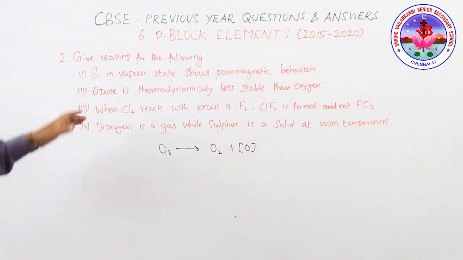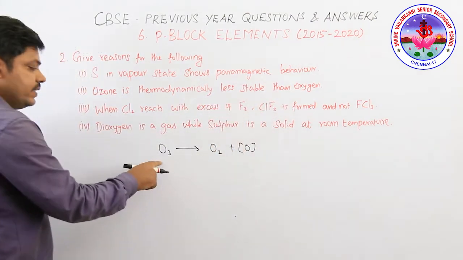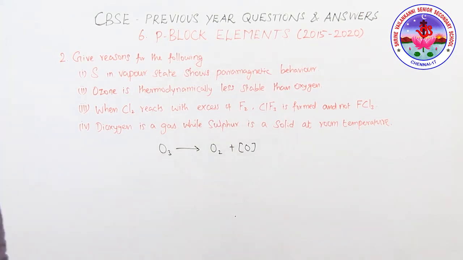That is the reason ozone is thermodynamically less stable than oxygen. Mainly you have to write this equation also, because of the low bond dissociation energy and the higher reactivity.